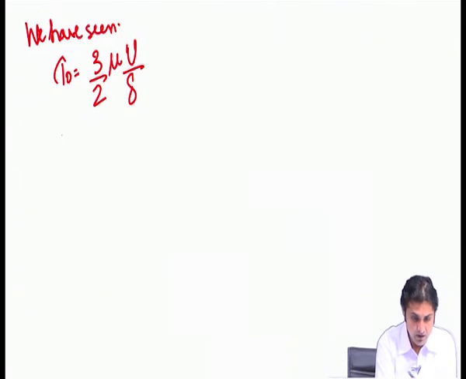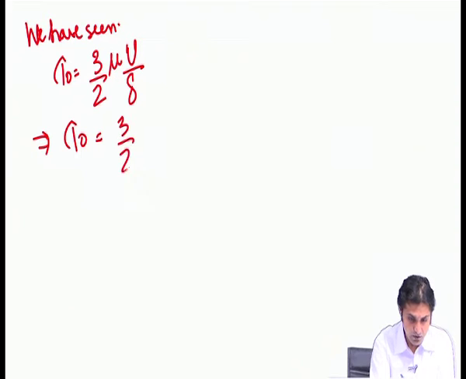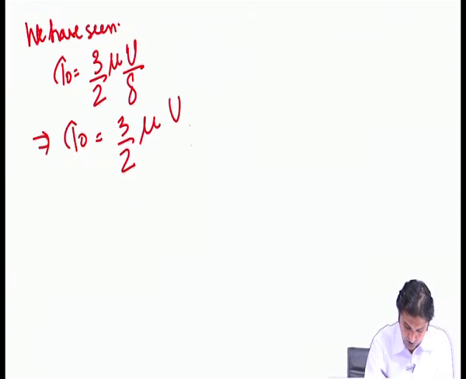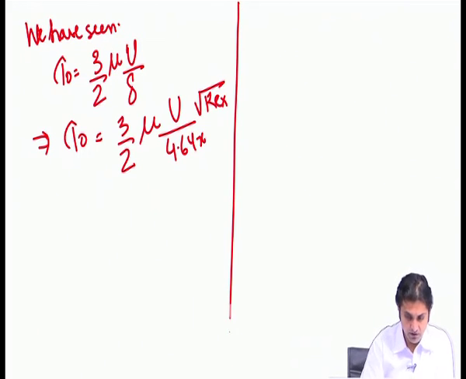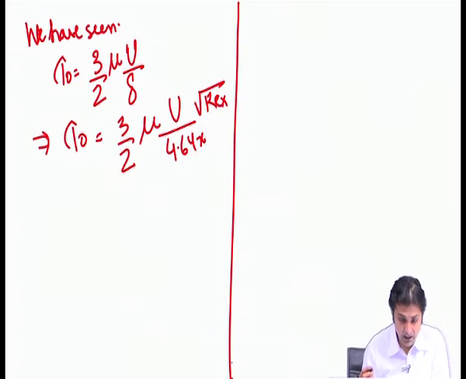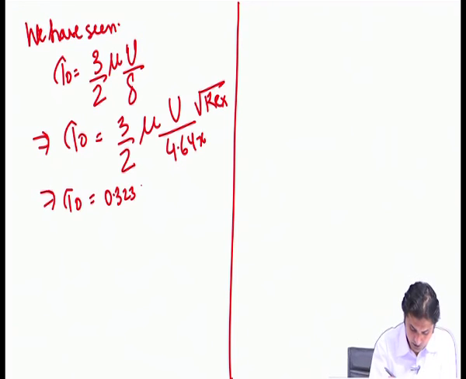So tau naught is equal to 3 by 2, mu will remain mu, capital U will remain capital U, but delta is the equation we had derived, 4.64 x under root Re x. If we simplify it more, 3 by 2 and 4.64, it will become 0.323 into mu capital U by x under root Re x.